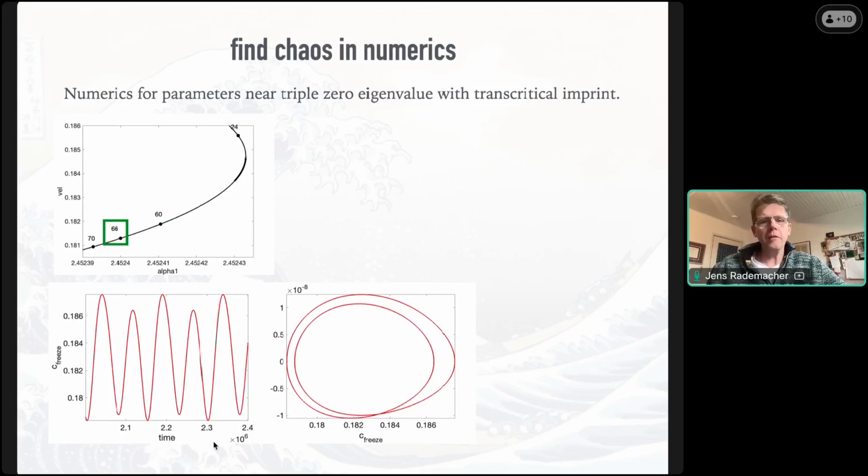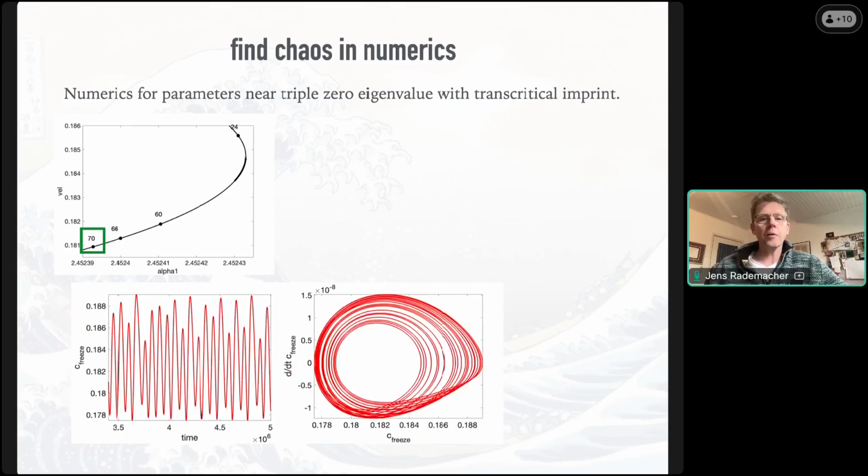From an ODE viewpoint, you can now guess that between 60 and 66, there's probably a period doubling bifurcation, because now I have two frequencies in these oscillations, and if I plot it in the plane, it looks like this. And then, okay, now we're in business, because there's now a good chance that maybe there's a torus bifurcation, and a torus bifurcation gives rise to chaotic dynamics.